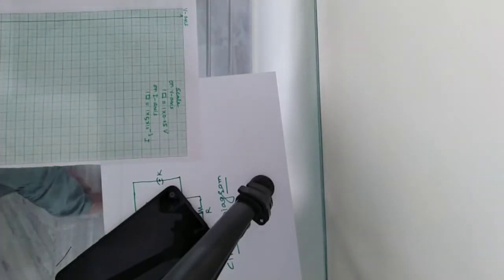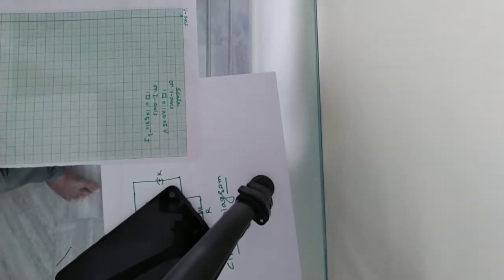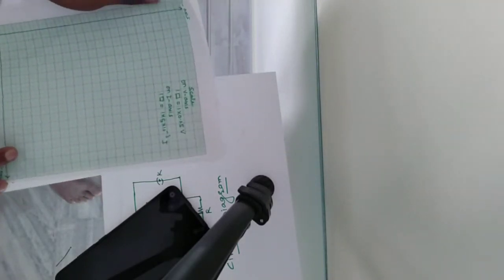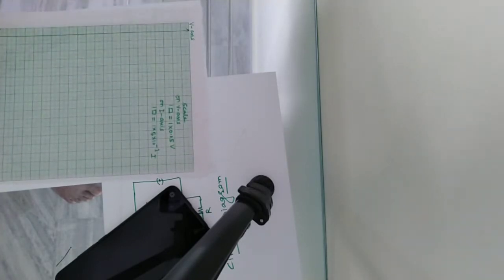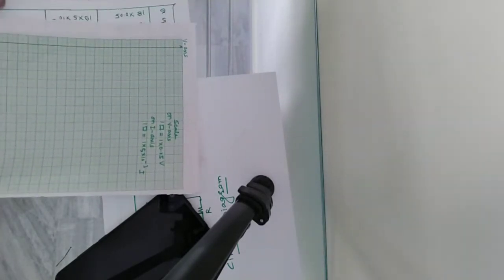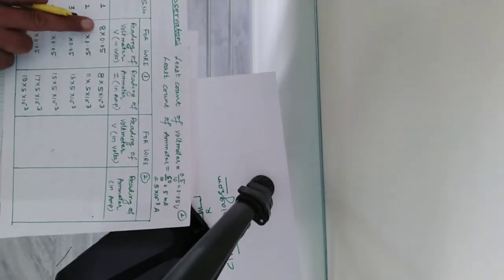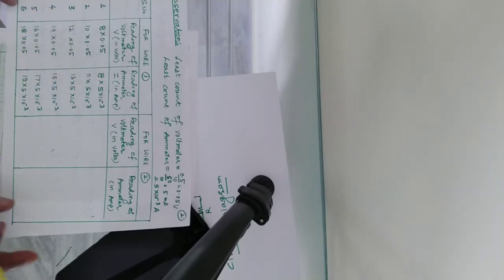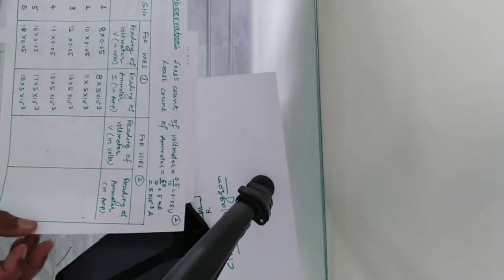Now I will show you how to plot the graph. You can see I have taken a graph paper, and on this graph paper there is one vertical axis and another horizontal axis. On the vertical axis I have taken voltage, and on the horizontal axis I have taken current. From the readings, my starting reading is 8, 8, 10, 11, 12, 13 like this, and the least count I have written separately.